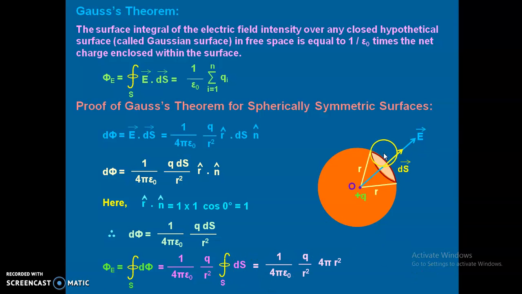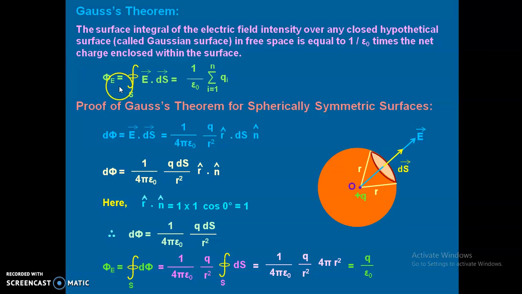And the integration of dS is the total surface area of the sphere, which is 4 pi r square. So you can see 4 pi r square will be cancelled, and we get q upon epsilon naught, that is equal to phi.